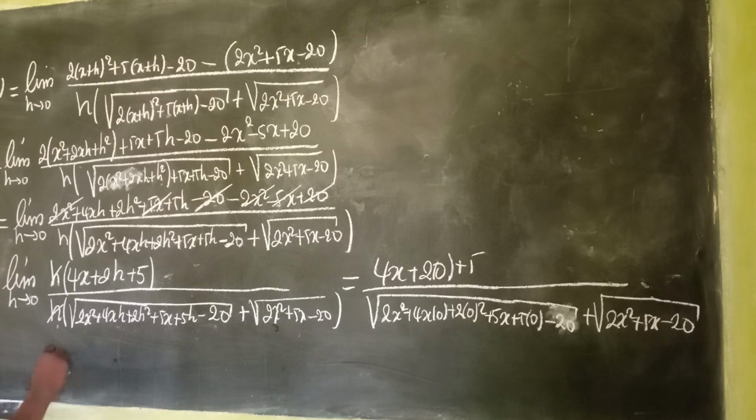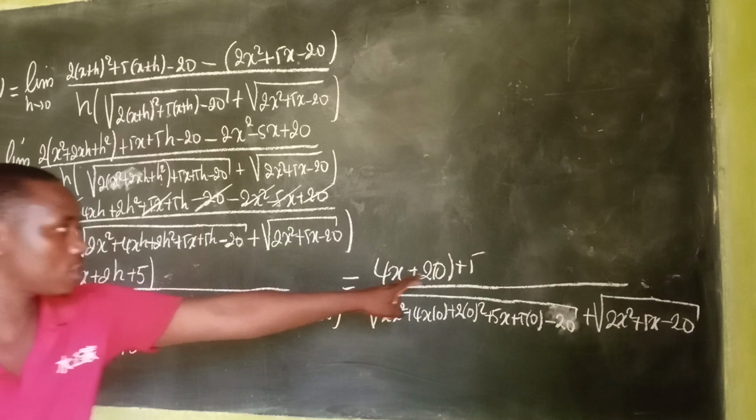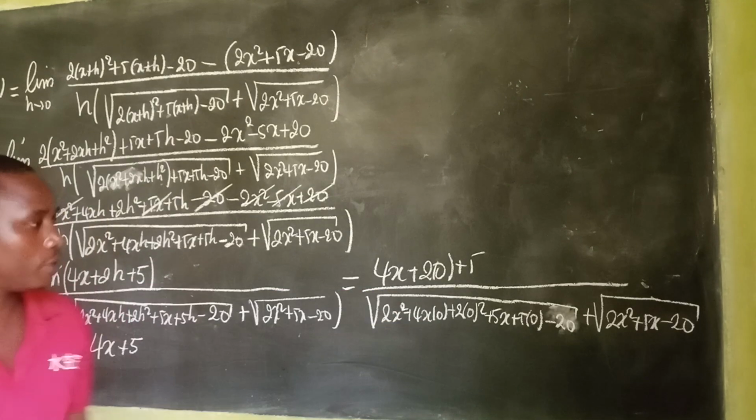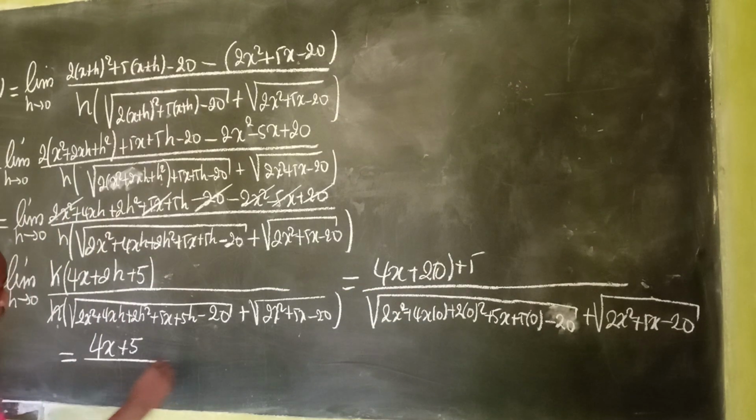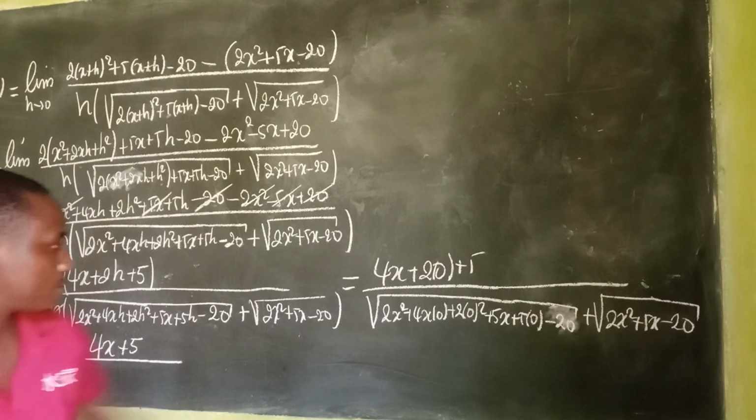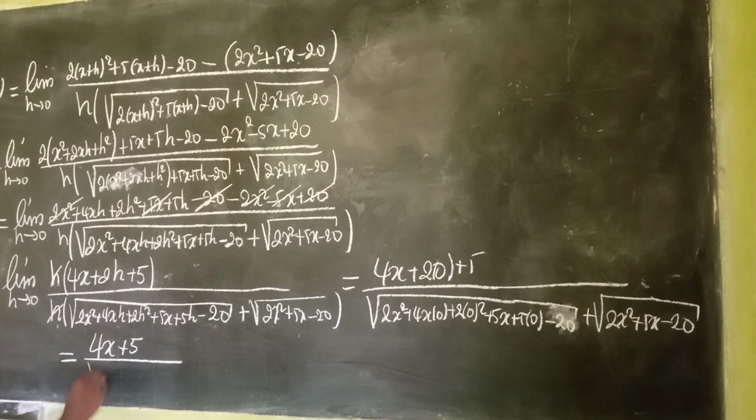Here what you have is 4x + 5, because 2 times 0 here will be 0, over this is the square root of 2x².